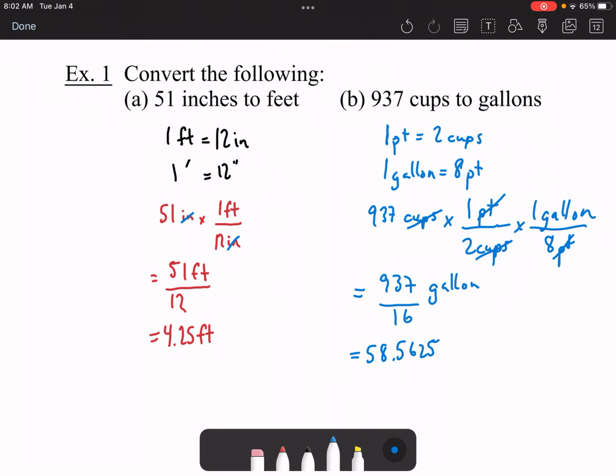We get 58.5625 gallons exactly. Now, here in AP Mathematics, if you want to round anything, you're going to round it to the nearest 3 decimal places. And when you round something, you put an approximation sign on it. So you write an equal sign with a dot above it, and then you can write your rounded value.